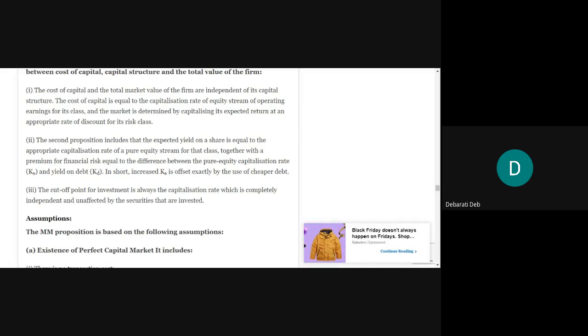And the third point says the cutoff point for investment is always the capitalization rate, which is completely independent and unaffected by the securities that are invested. What is the meaning of cutoff point for investment? This cutoff point for investment is the rate with which the investor actually decides whether to go for the investment or not.